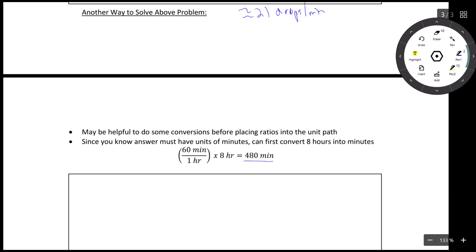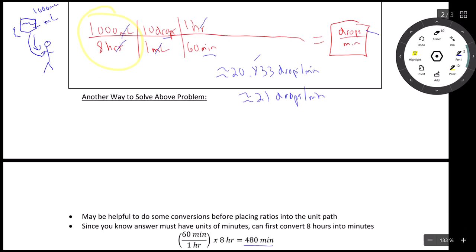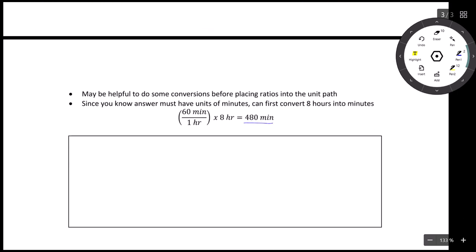So what that means is that in this unit path right here, this first ratio, instead of having 1,000 over 8, you would just have your 1,000 mLs over that 480 minutes. There's nothing different than what we did before.